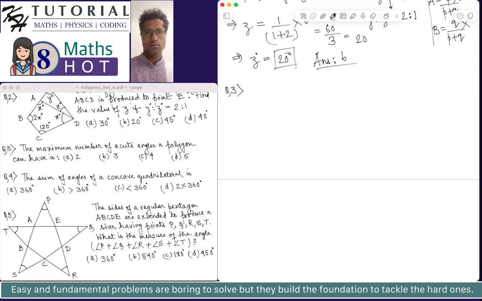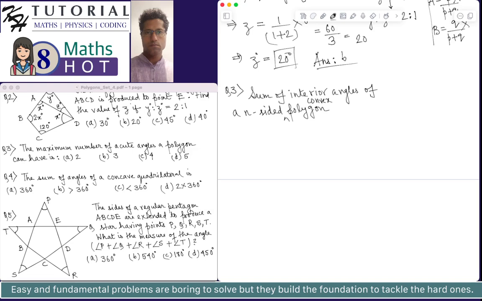Now, angles of a polygon means its interior angles. Now, we know the sum of interior angles of an n-sided convex polygon.